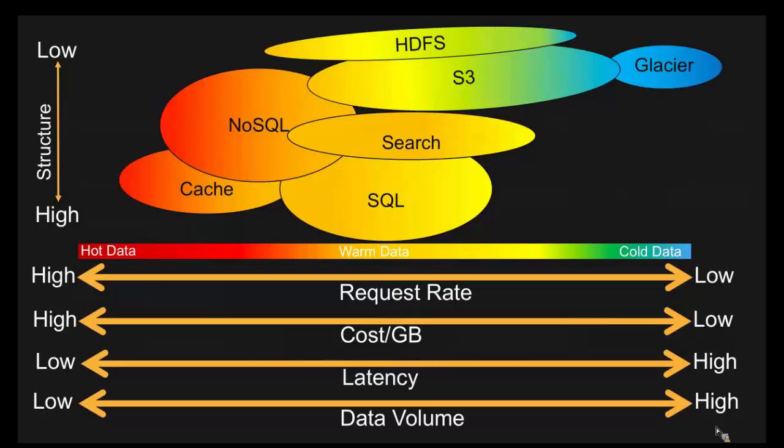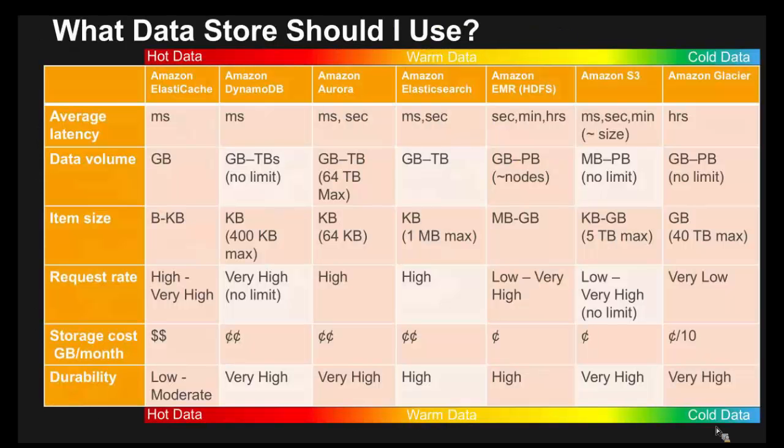This is the mental map that I have of the various types of tools to use based on the spectrum of hot to cold. In the next slide, I've chosen specific services to overlay on the hot to cold data paradigm. For example, Amazon ElastiCache, where you can use a couple of engines, Redis or Memcached.